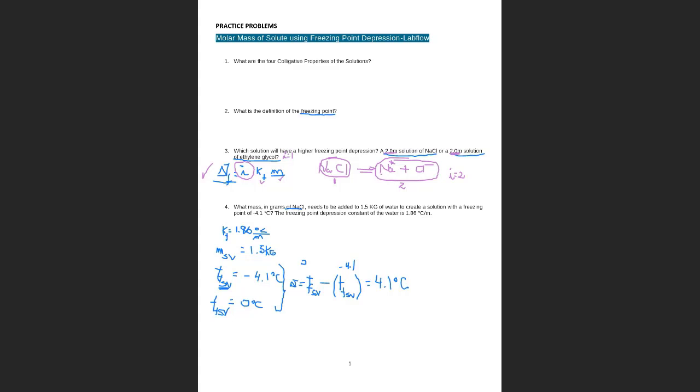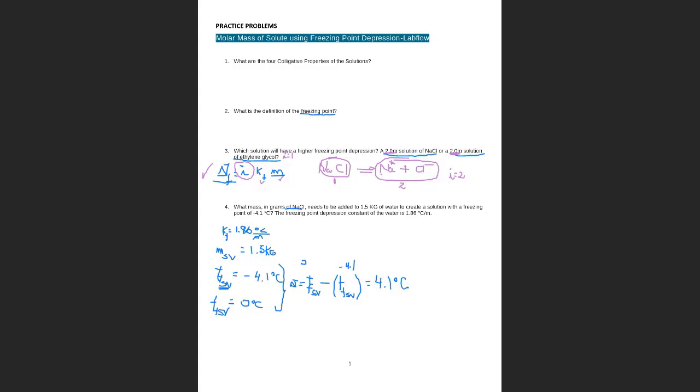You have to know that it is boiling point elevation, but for this experiment, yes, always. But make sure your delta T is always positive. Okay. So you can do the bigger minus the smaller and you're good.